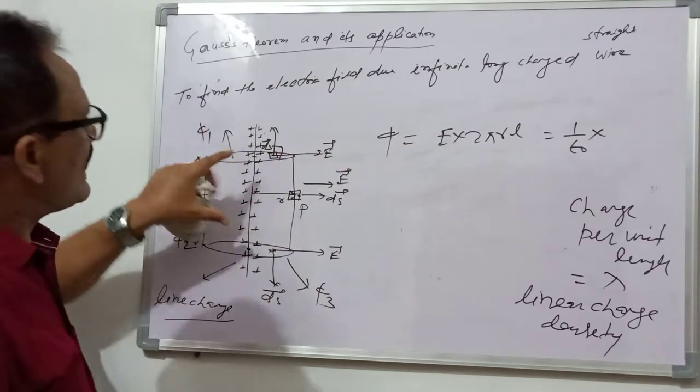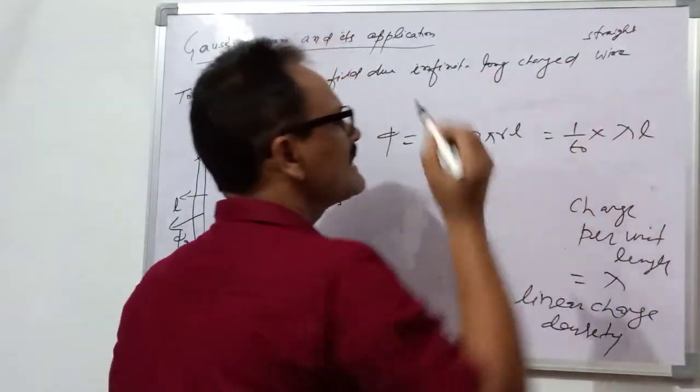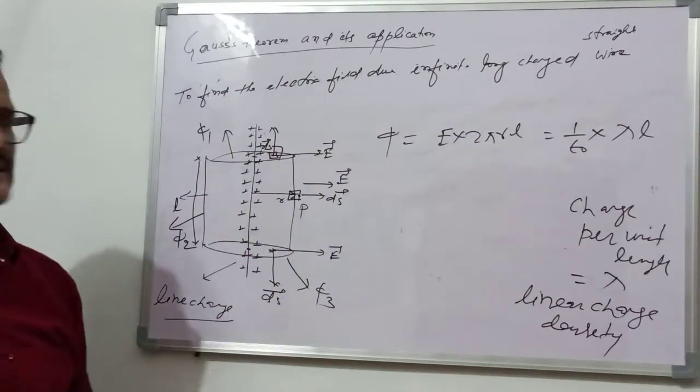So the charge inside this Gaussian surface is lambda into L, because lambda is the charge per unit length.